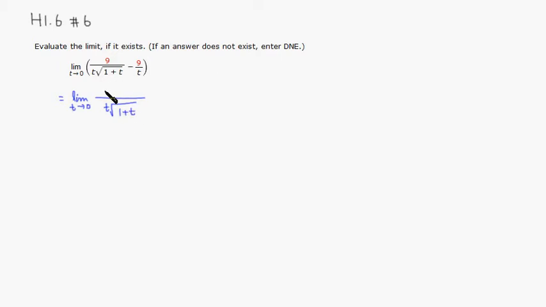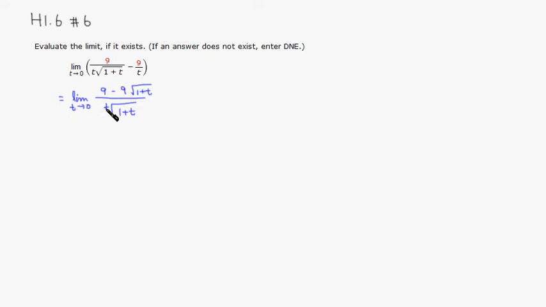So you have 9 here. Since we have to multiply t by square root of 1 plus t, we have to do the same here, so it's 9 minus, actually I should have pulled the 9 out, but that's alright, you have a square root of 1 plus t.